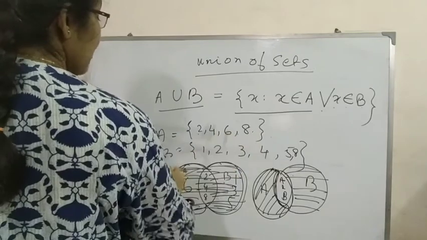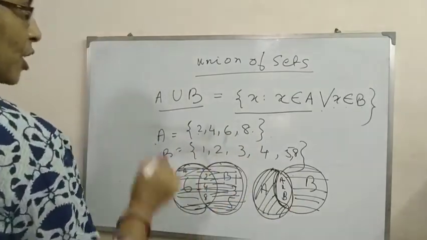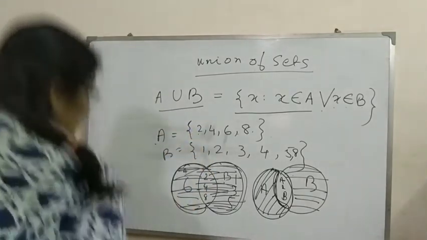A this, B this. This is the geometrical interpretation of union of two sets. Okay.